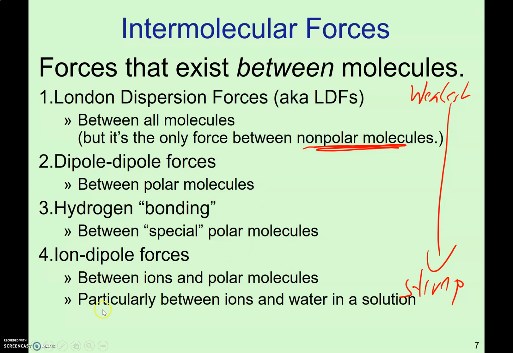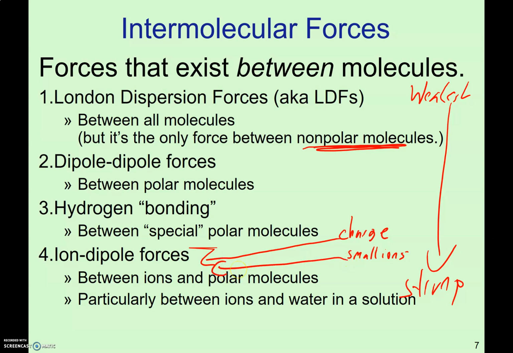Particularly this force of ion-dipole, which is between ions and polar molecules, happens when you dissolve ions in water. Remember, we talked about this, and we can go over it again at some point, but Coulomb's law explains how strong that force is. The most important things are that things that have high charge have strong ion-dipole forces, and small ions have strong ion-dipole forces.